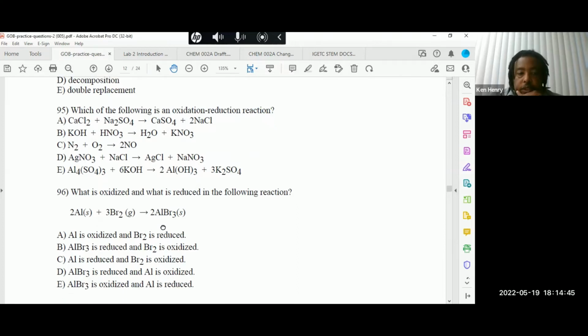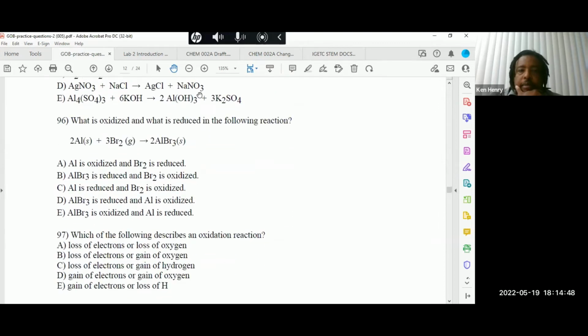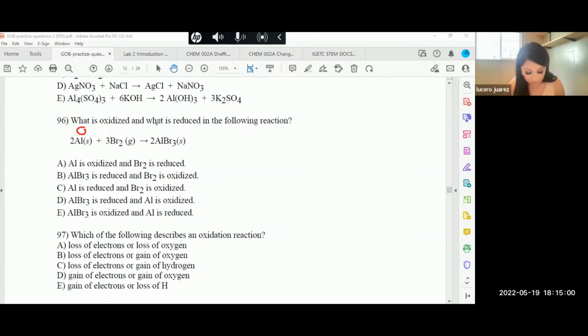Okay, so the next one, if we take a look at it: aluminum, when it's an element, has a 0 charge associated with it. But when it forms an ion, what charge does it form?